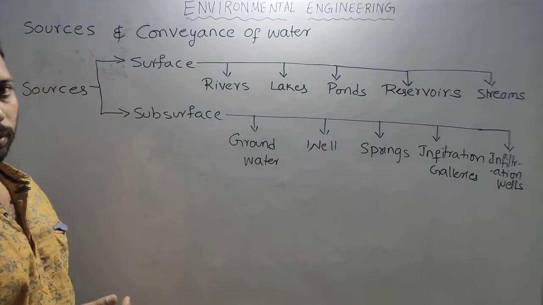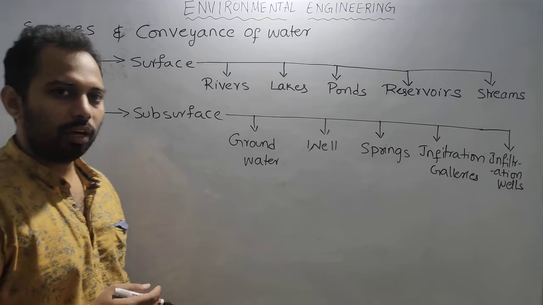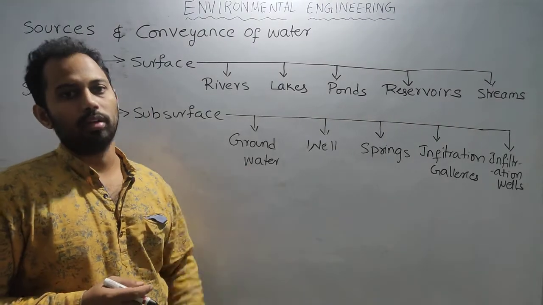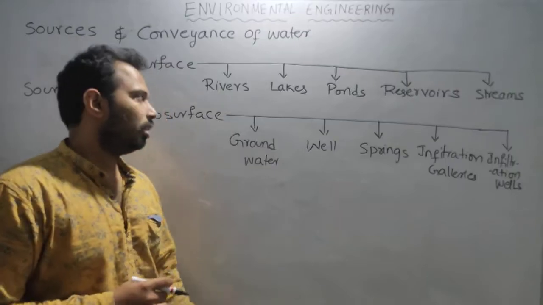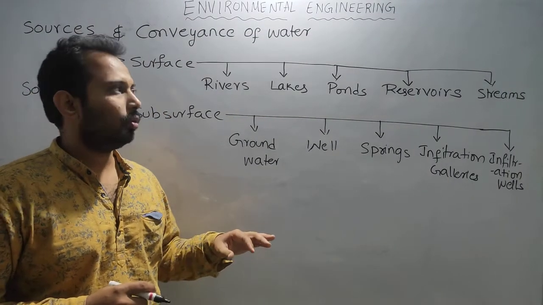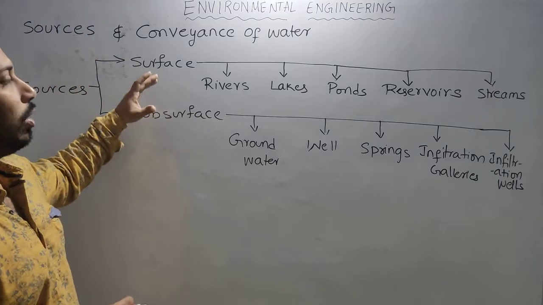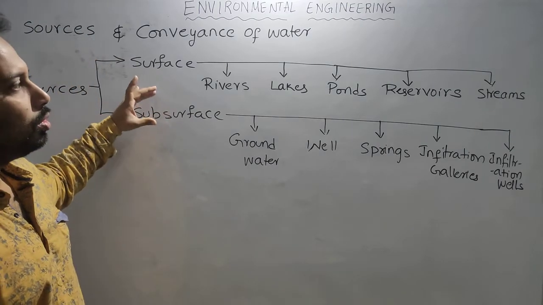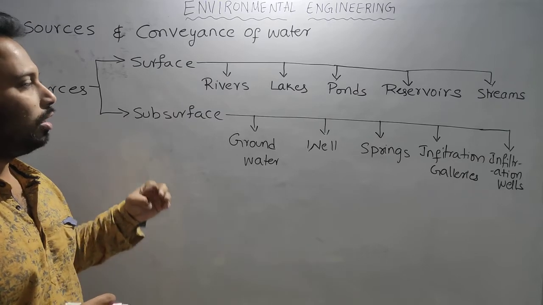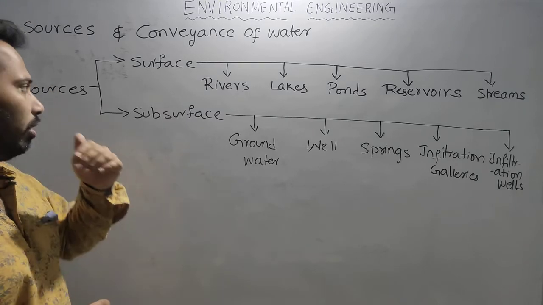Because of this filter media, all the suspended impurities get removed and you can see clear water. These days the groundwater is also getting polluted. Generally, if you compare the quality between these two, it is a little higher quality because of the lack of suspended solids. That is the only difference.